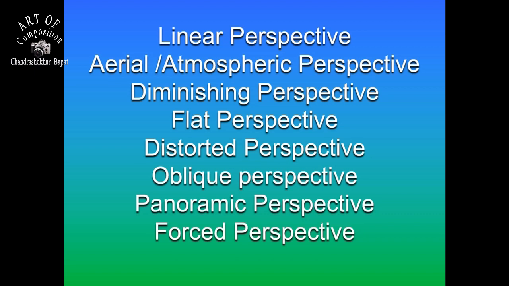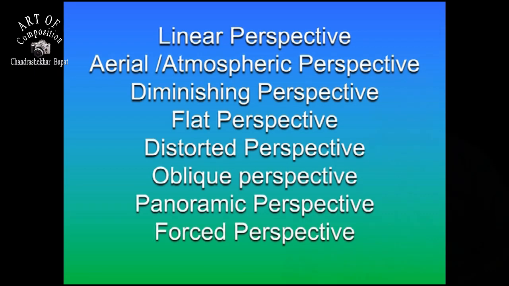However, linear perspective, aerial perspective, diminishing perspective, and forced perspective are most commonly used in photography to create a sense of depth, elevate the perceived dimensionality of the photo, or capture intriguing shots.